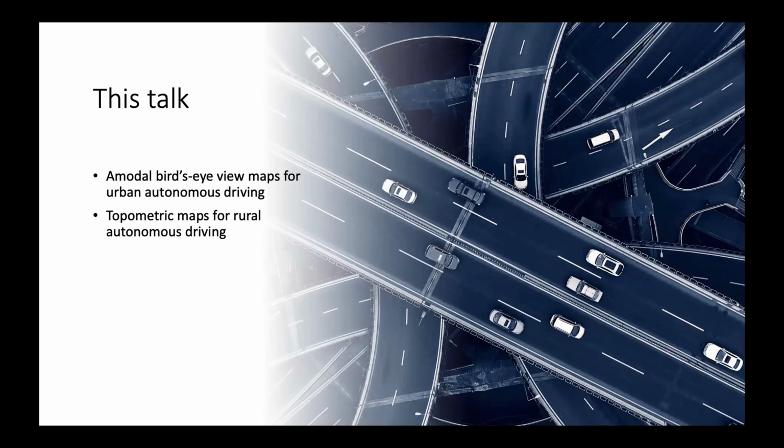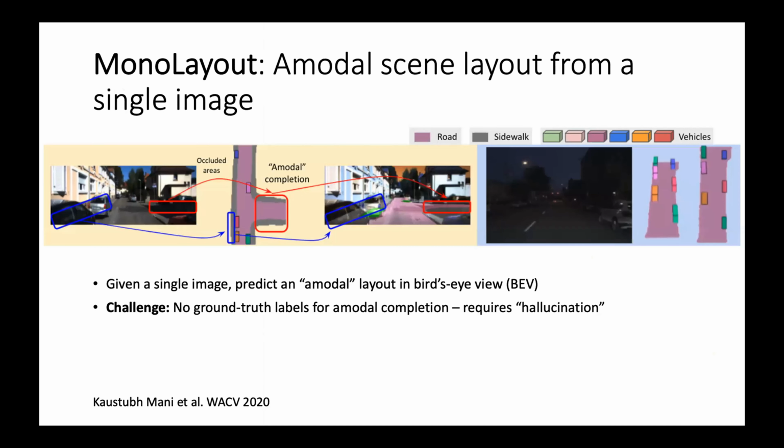And the second half of the talk will focus on a full self-driving task for rural roads relying on OpenStreetMap. So yeah, for the first half or so of the talk, I want to focus on one of our recent efforts on what we call Amodal bird's eye view layout estimation.